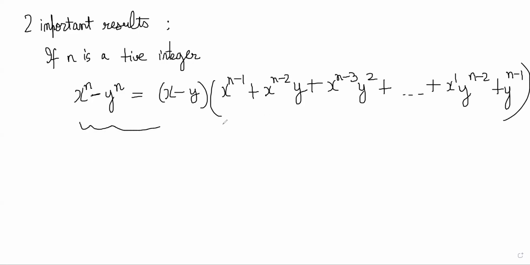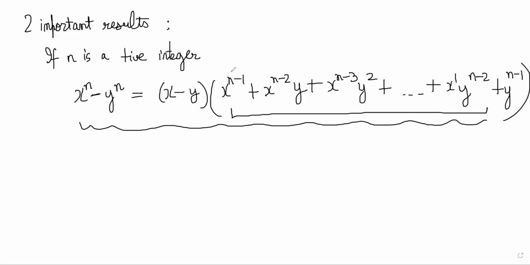So this is the factorization of x power n minus y power n, and this is going to be super important. This is true for any positive integer n. Notice that all the terms here have degree n minus 1, right? You can multiply it out and check the proof of this identity.